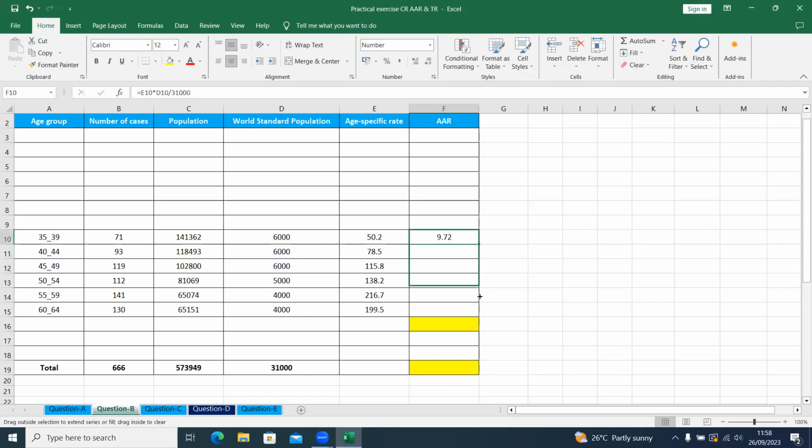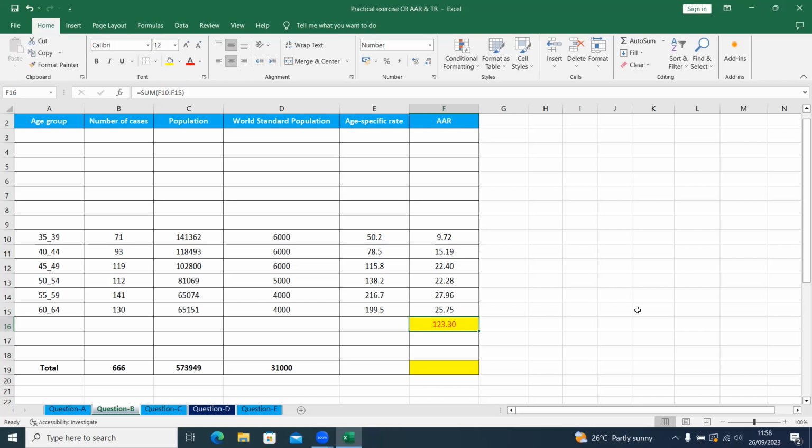You just drag this formula till the age group 60 to 64 and do the addition of this calculation. The answer is 123.3.